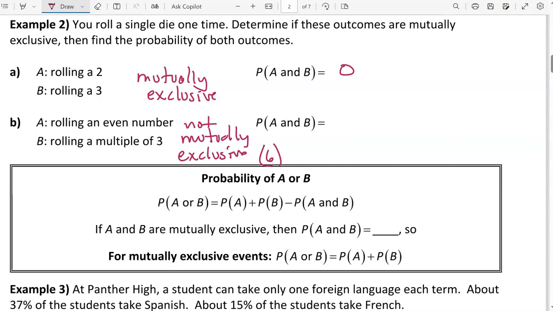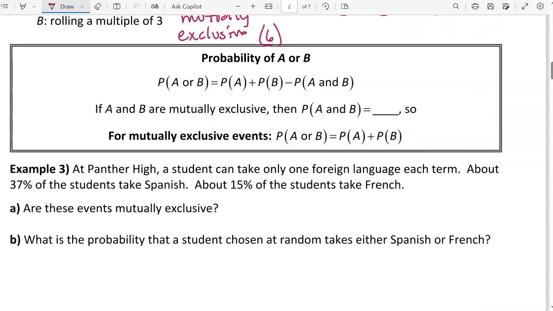So the probability of A and B happening together is the product of their probabilities. The probability of rolling an even number is 3 out of 6, because there are 3 even numbers on a die, times the probability of rolling a multiple of 3, which would be 2 multiples of 3 out of 6. So that's going to give us 6/36, or 1/6.